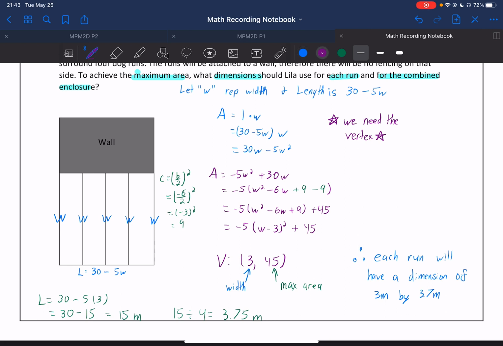Just so you guys can see, this is going to be 3 meters, and right here is going to be 3.75. That's the dimensions of each run.